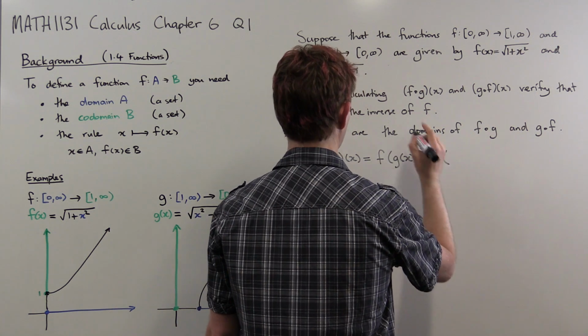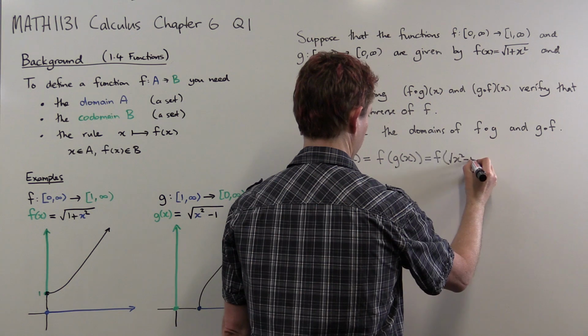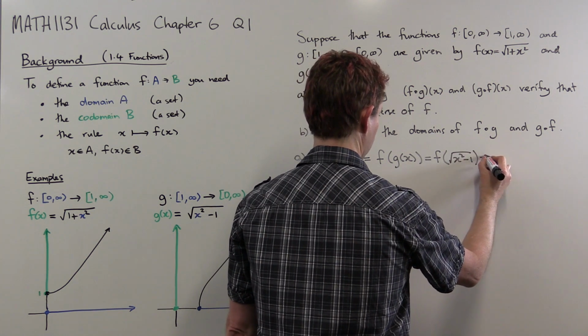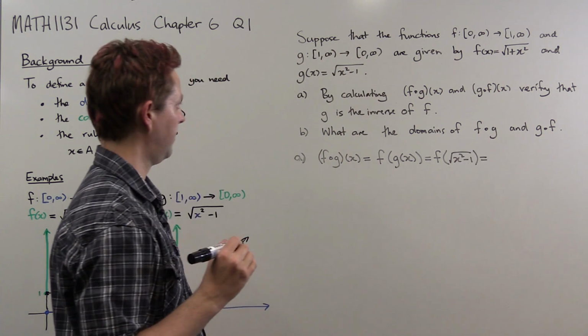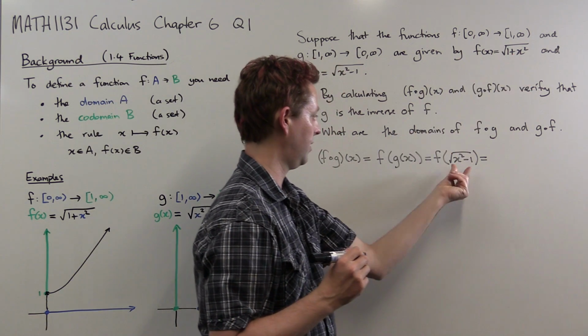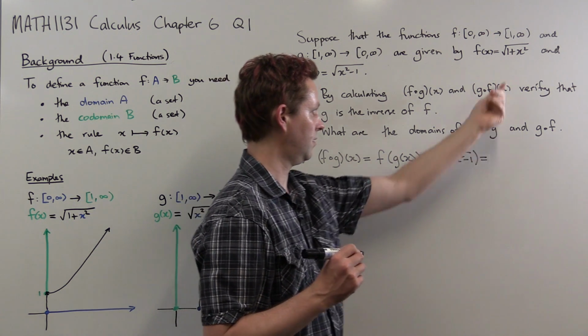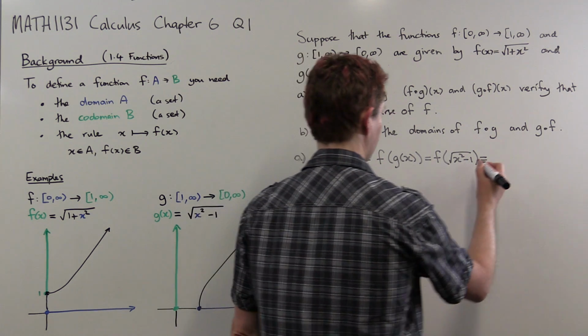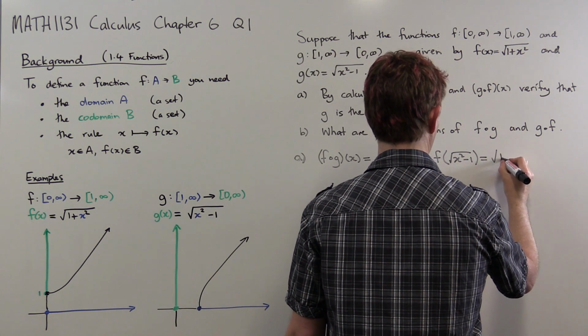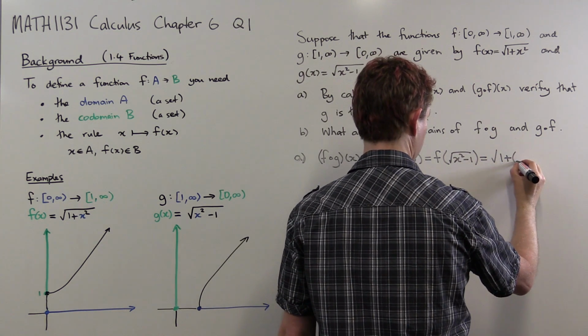So g of x, according to our definition, is the square root of x squared minus 1. And then f of x is the square root of 1 plus x squared, but we're now taking f of something else, so we put this in that pattern there. So it's the square root of 1 plus, and then the argument of f all squared.